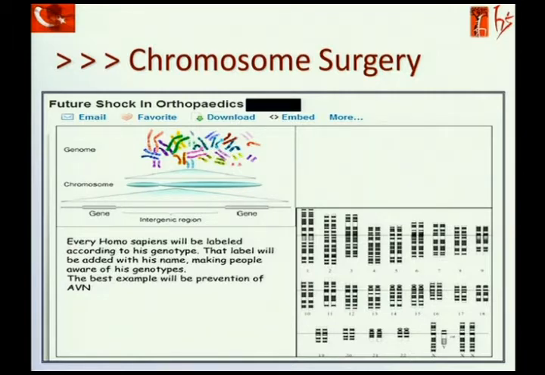I know a 90-year-old who continues to play tennis with good cartilage on MRI. I don't understand. Aging is not real. The quality of the genes is important.